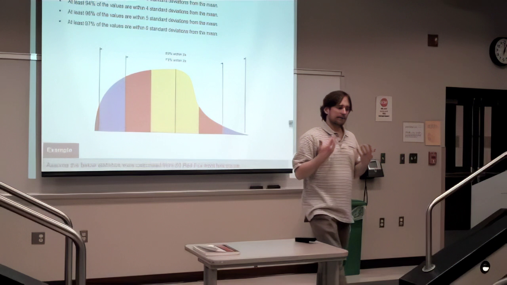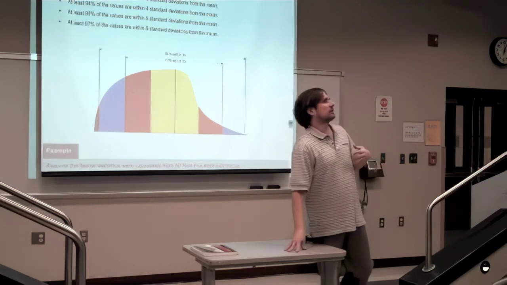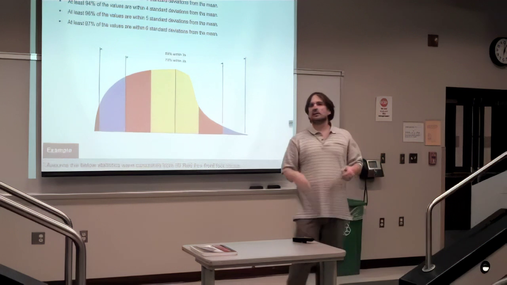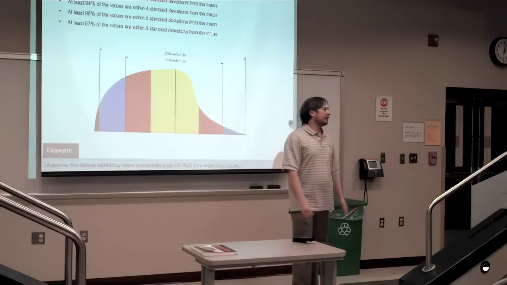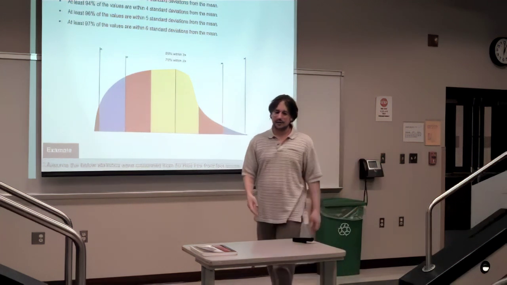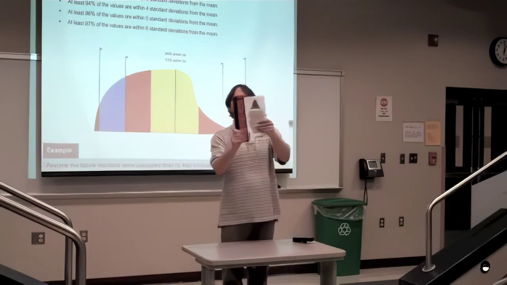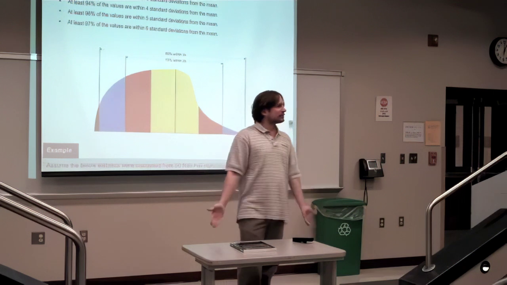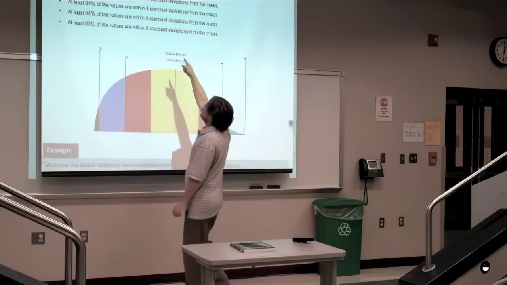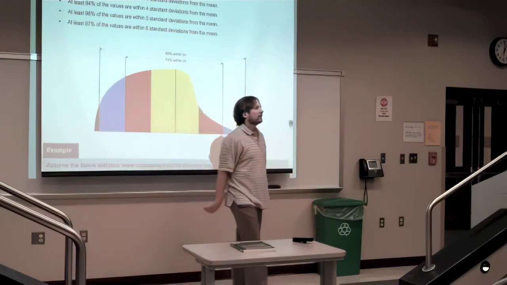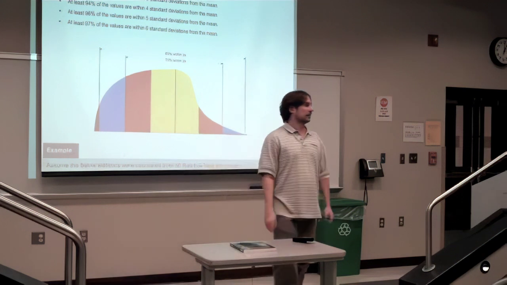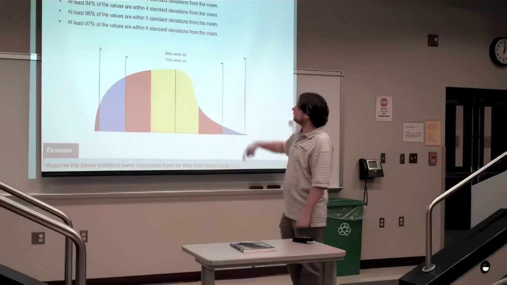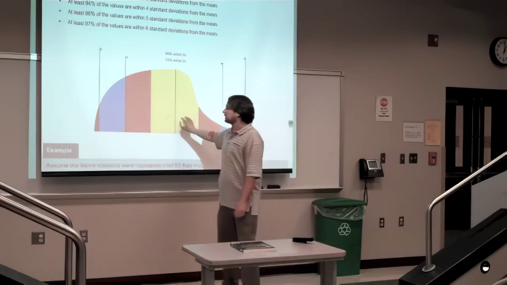So if I said what percentage of scores are going to fall within 3 standard deviations of the mean of how many of these books they made a mistake in, right? We don't even know what the distribution looks like, but we can look up the percentage of books that are going to have that many errors in it, just by looking at this small table here. So this is Chebyshev's theorem.